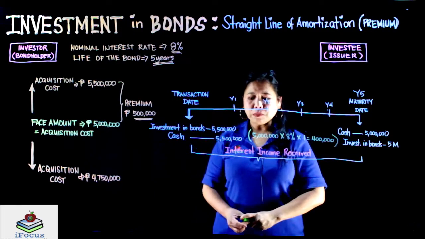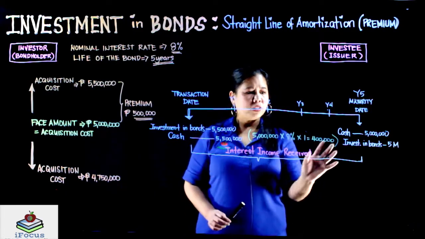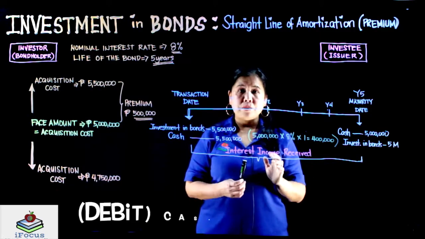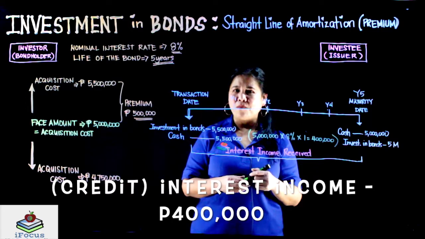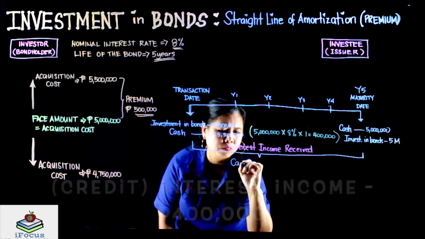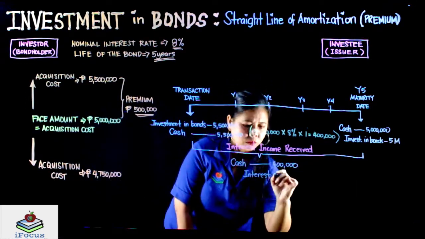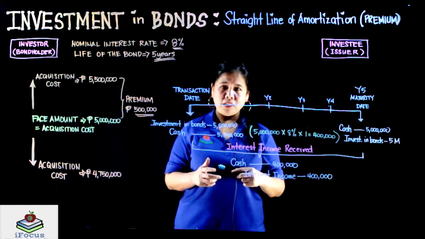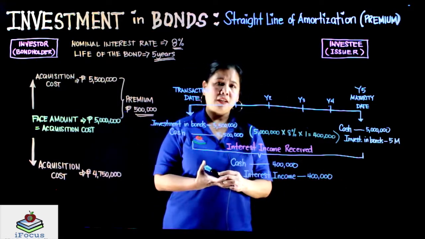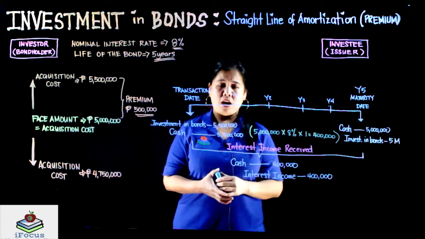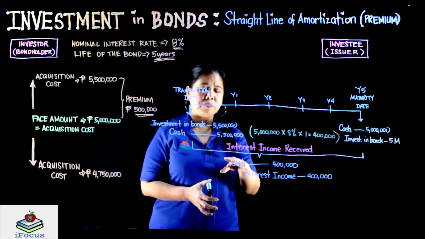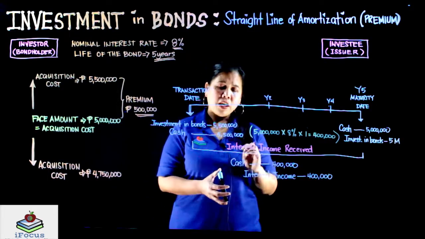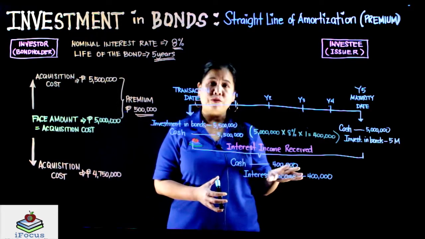At ang ating magiging entry to record this 400,000 is debit to the cash of 400,000 and credit to our interest income of 400,000.